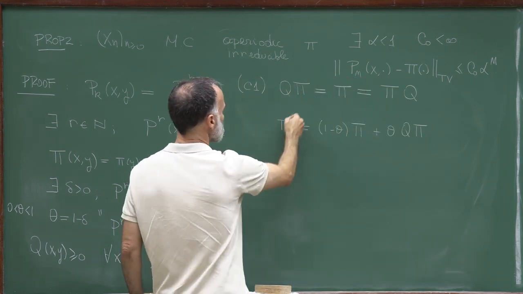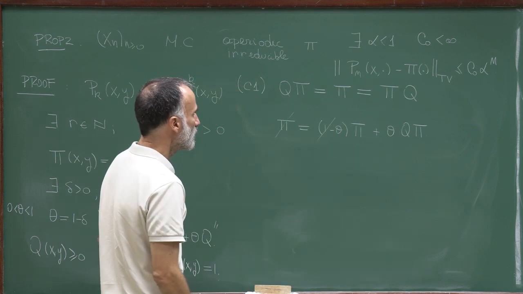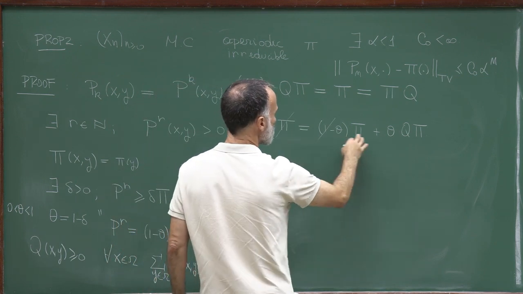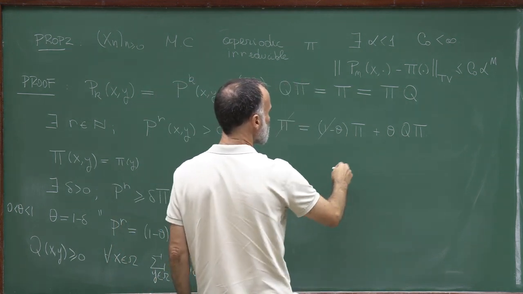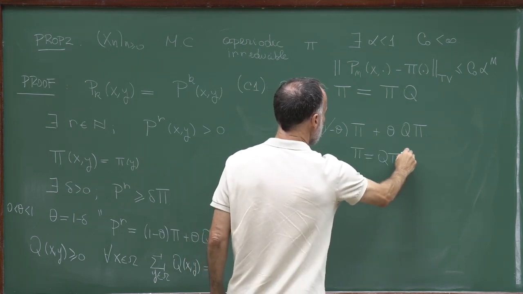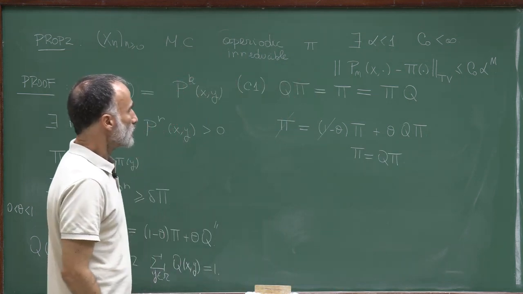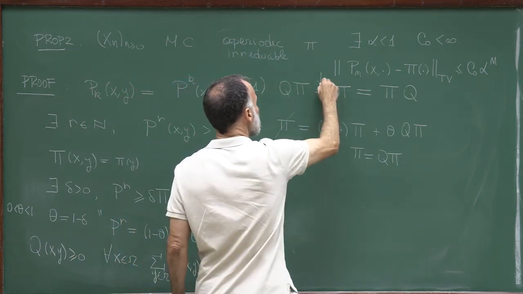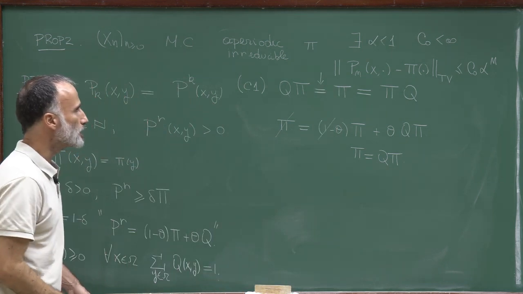And you see that this pi will cancel with this one. Then we have theta pi is equal to theta Q pi, and from that we conclude that pi is equal to Q pi. So this is the first identity I claimed.